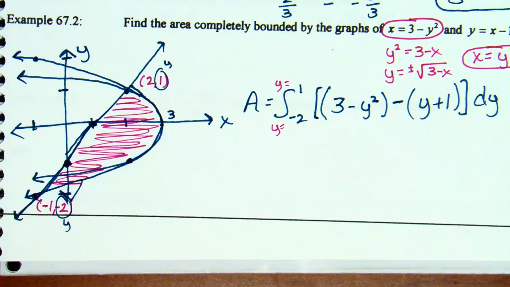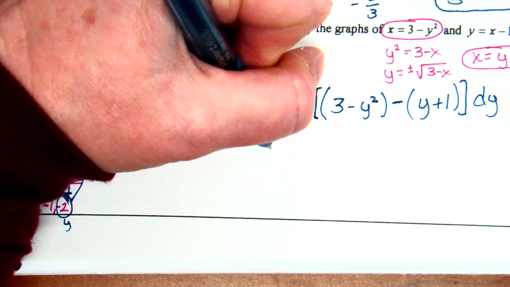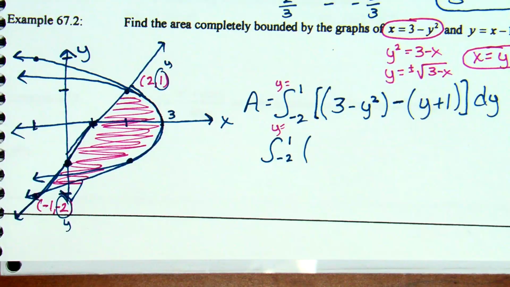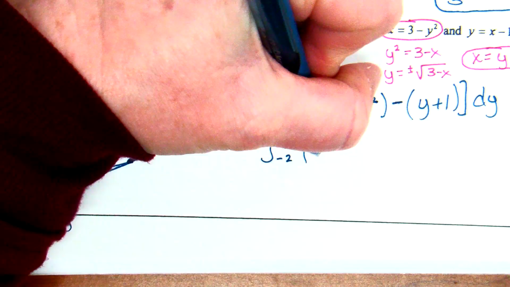Now, me personally on this one, before I integrate, would it be worthy of doing a little bit of cleanup? I think it would, just because you have a little less places to plug values in later. So if I do a little bit of cleanup, the integral from -2 to 1, 3 minus 1 becomes 2.